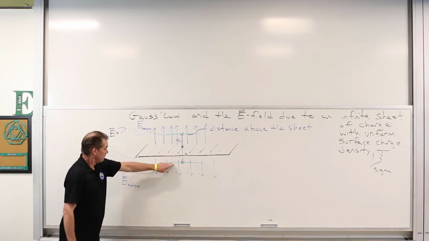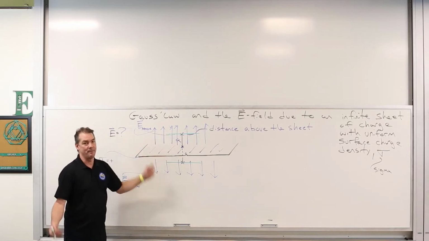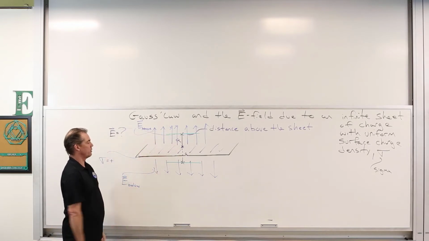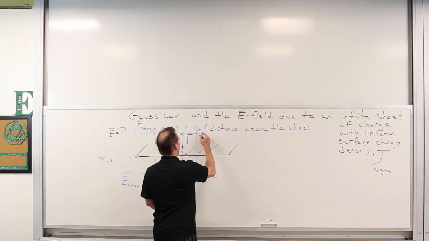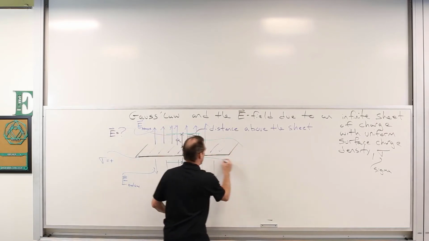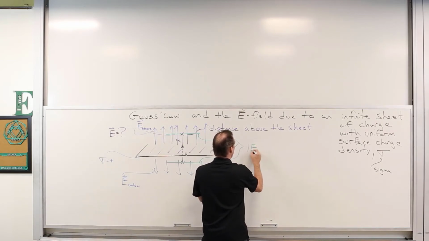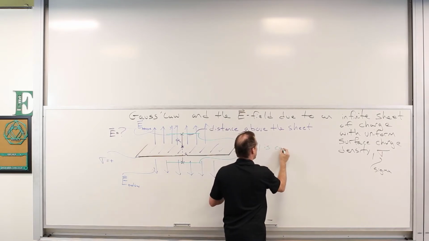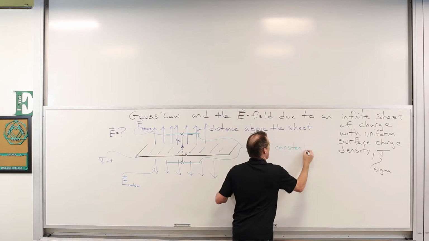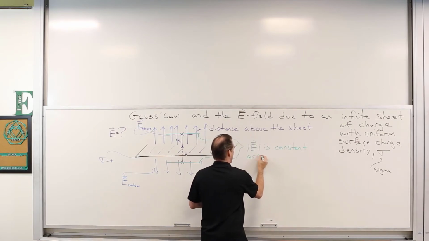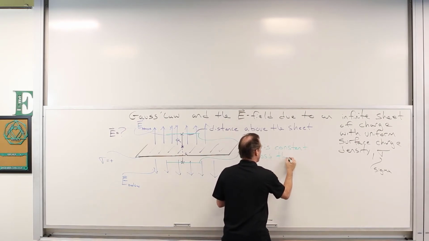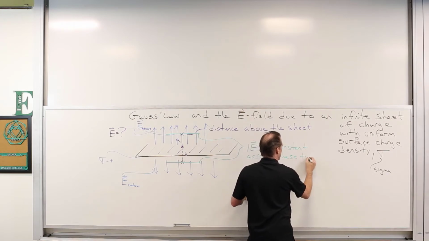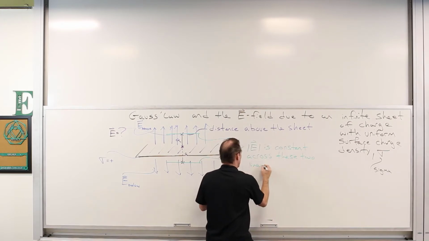And furthermore, the electric field strength here and the electric field strength here should be the same, just different directions, same magnitudes, different directions. So we've got here and here, the magnitude of E is constant across these two lines.